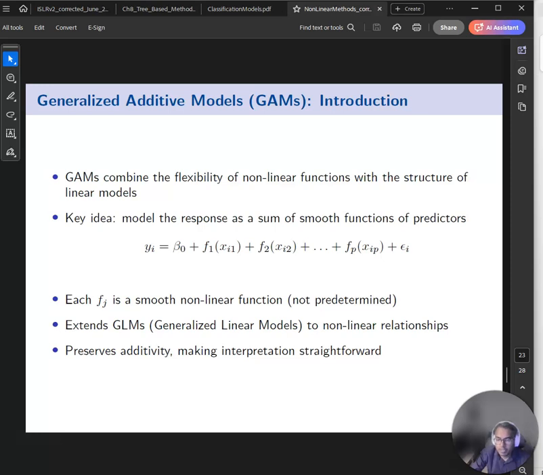The advantage of this framework is that it preserves the additivity that we value in linear models, which makes interpretation easy. And this approach offers tremendous flexibility too. We can examine each function f separately to understand how that particular predictor relates to the response, holding other predictors constant.